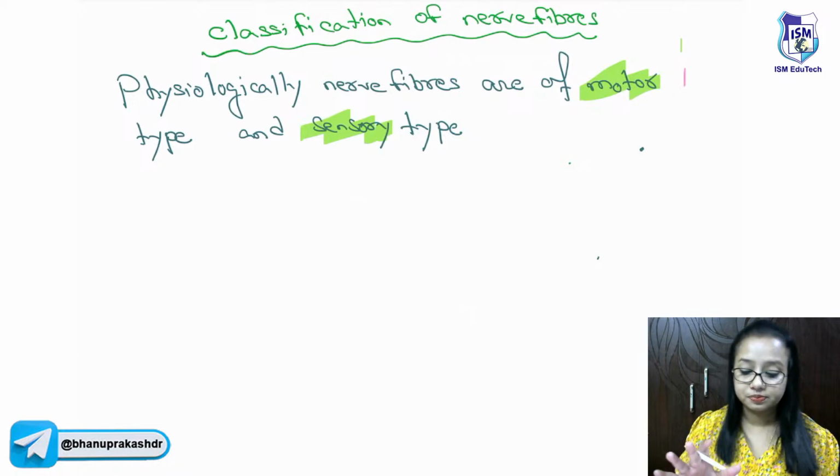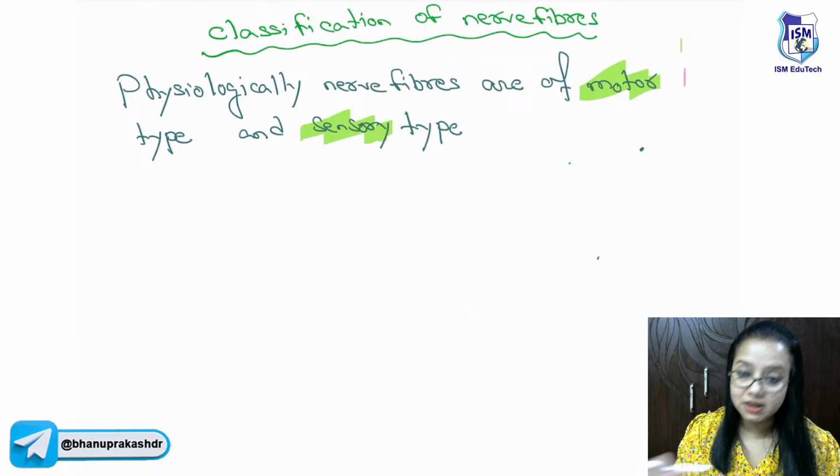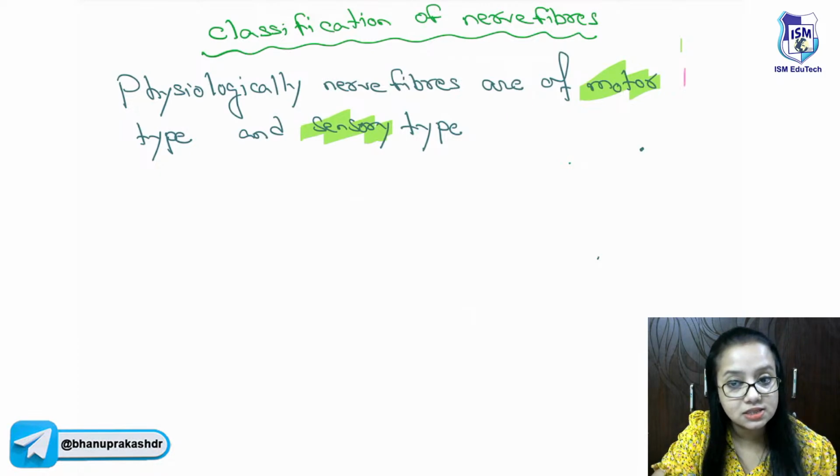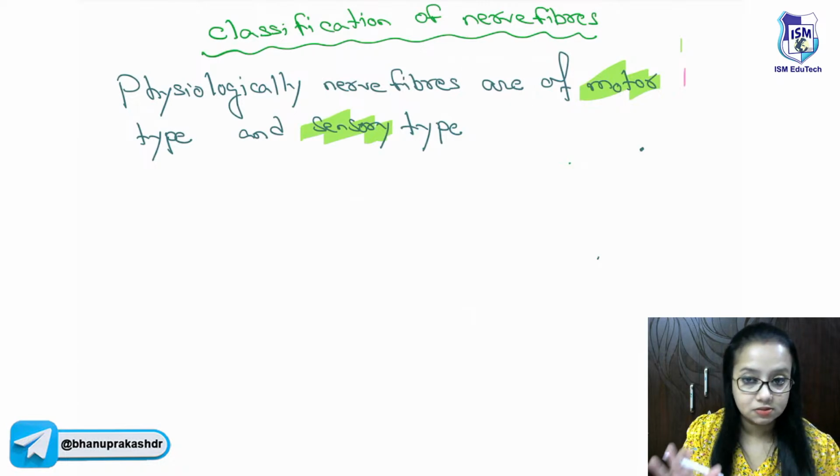All these are manifestations that come after there is firing from the sensory nerve fiber. Okay, so these are the types of nerve fibers.